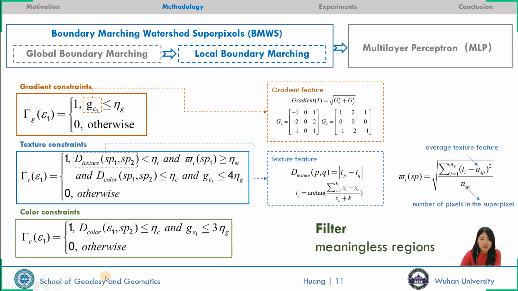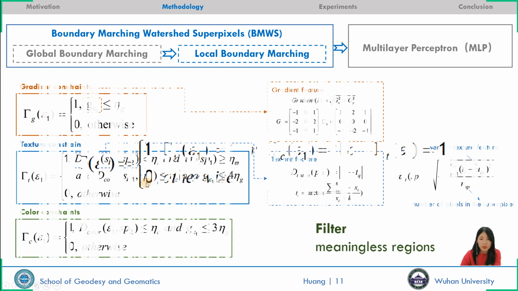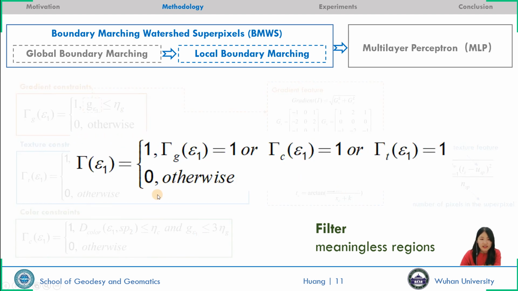The equation of each constraint is as above, where omega t represents the texture variance, and eta g, eta t, eta c, and eta omega are various thresholds. The equation indicates that when any of the three constraints is 1, edges are identified for possible relabeling using a criterion.